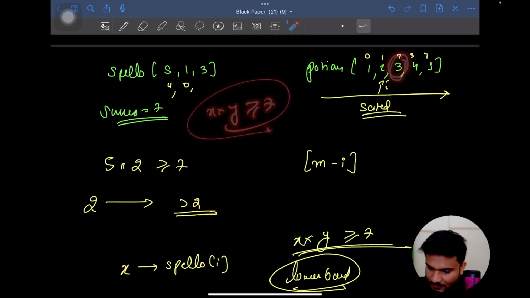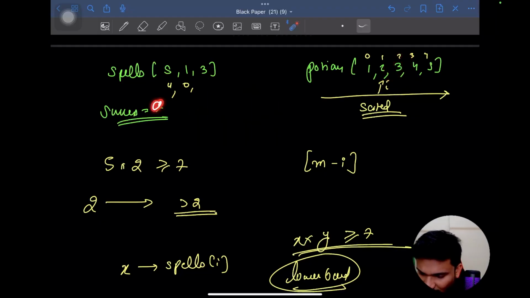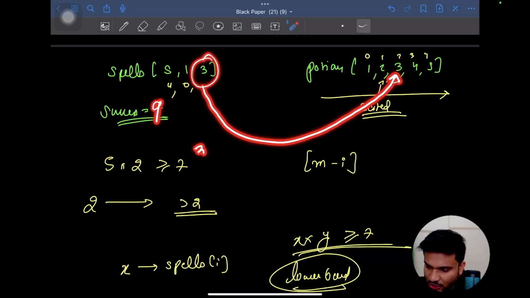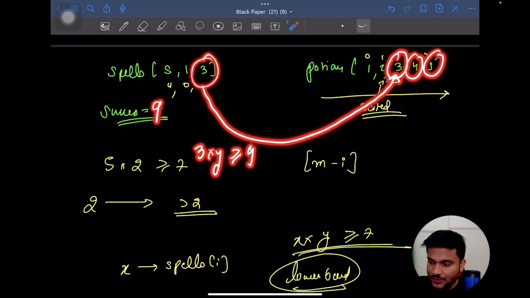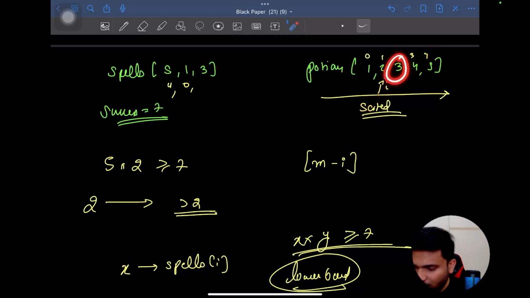Think about it. Right? For example, the success value would have been 9. Then the first y for which 3 into y is greater than or equal to 9 is what? This 3. Because 3 into 3 is 9, 3 into 4 is 12, 3 into 5 is 15. So you want to find the first y for which x into y is greater than or equal to 7.